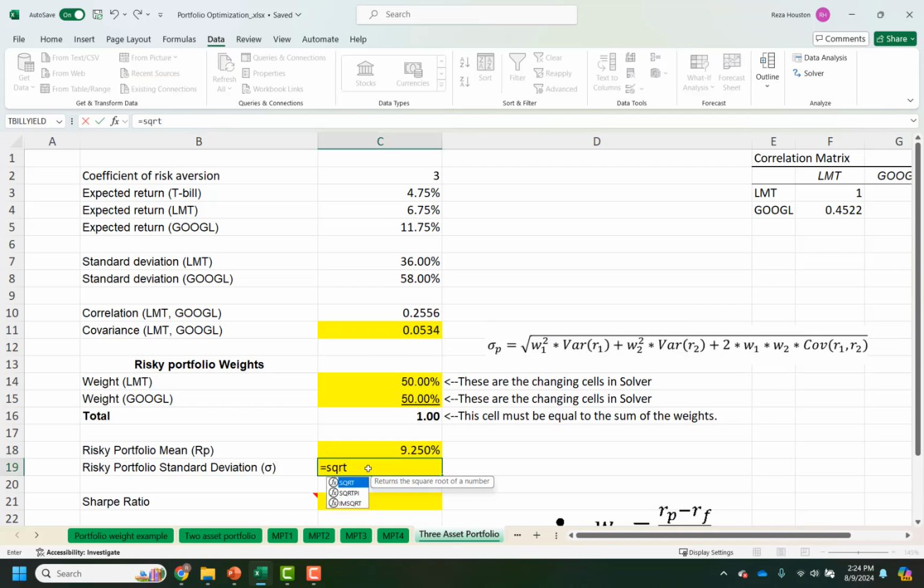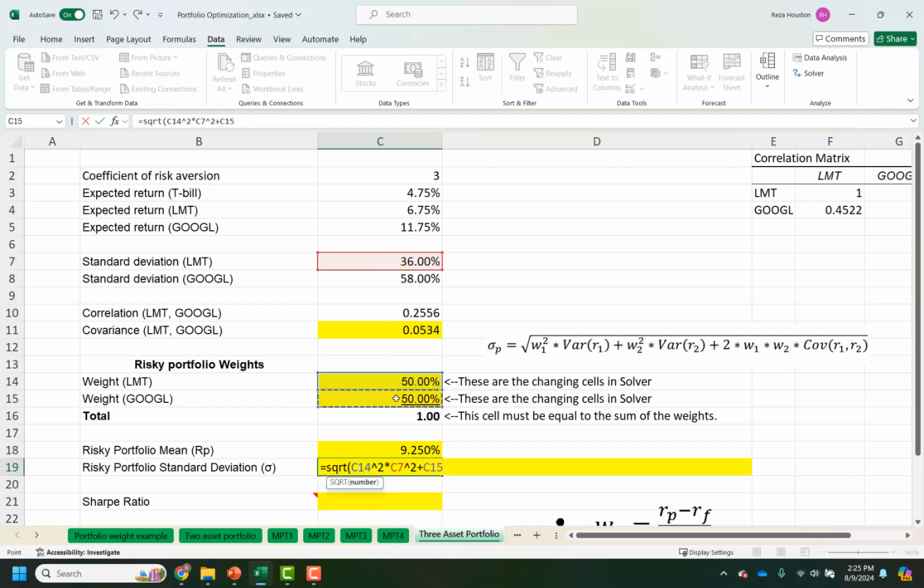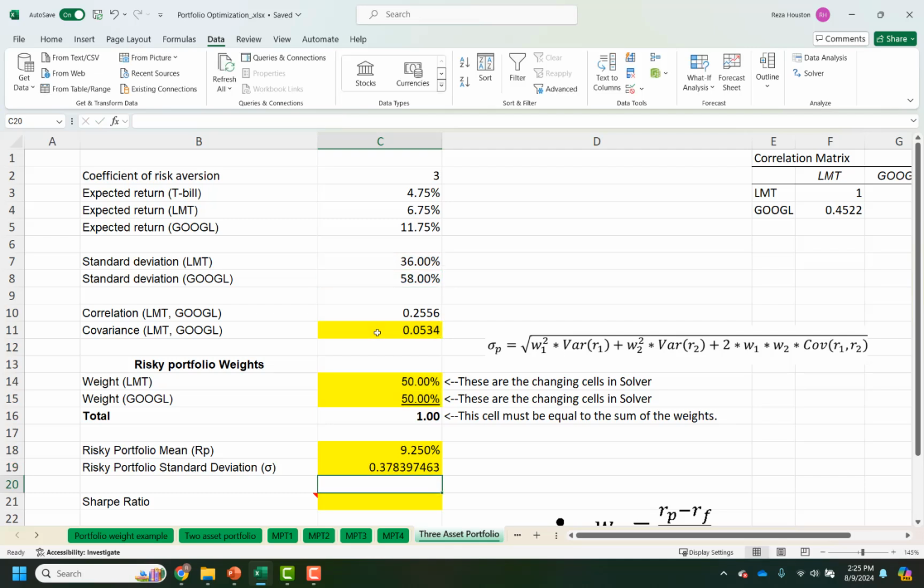So equals square root of the weight of stock 1 squared times the variance of stock 1, so standard deviation squared, plus the weight of stock 2 squared times the variance of stock 2, so standard deviation squared, plus 2 times the weight of stock 1 times the weight of stock 2 times our covariance. I could have alternatively used, instead of covariance, correlation times standard deviation times standard deviation. Simplicity is good, though. Okay, so there we go.